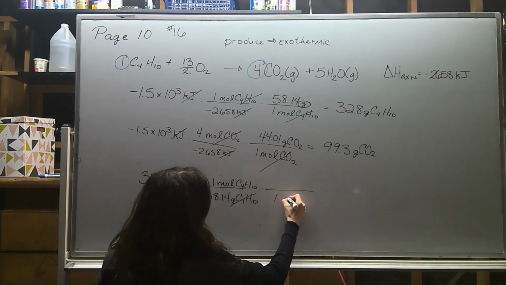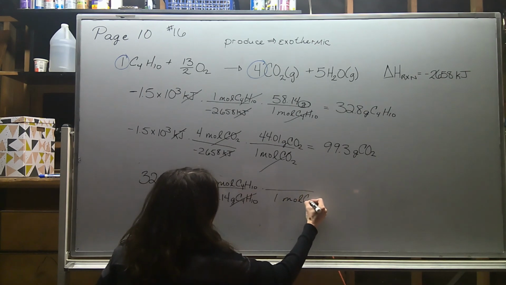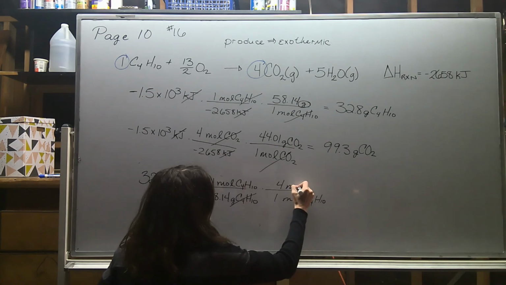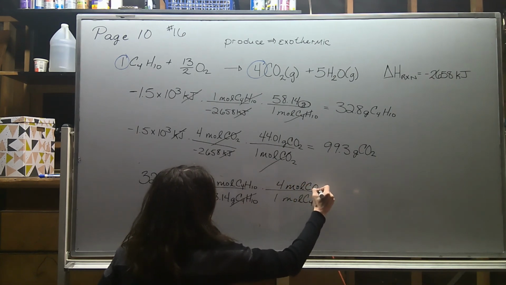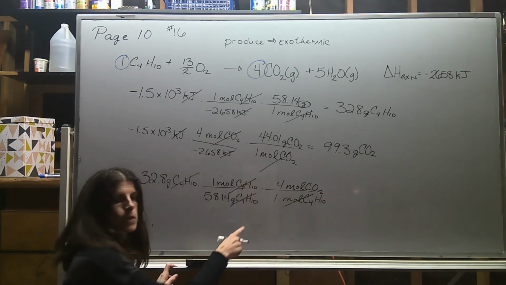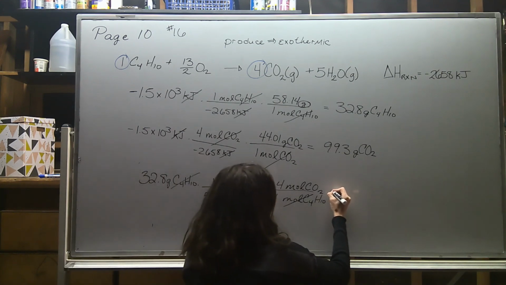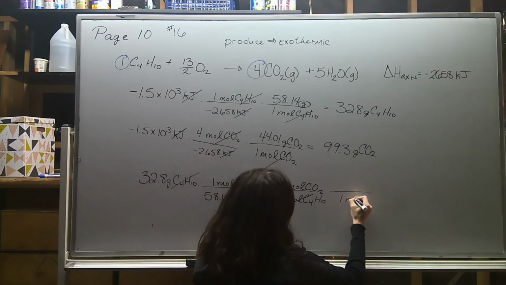So 1 mole of butane is associated with 4 moles of carbon dioxide. And then the last step here would be to use the molar mass of the carbon dioxide to get it into grams.